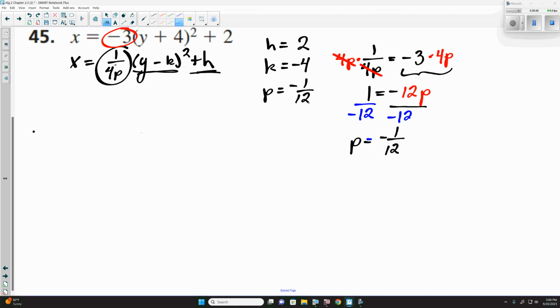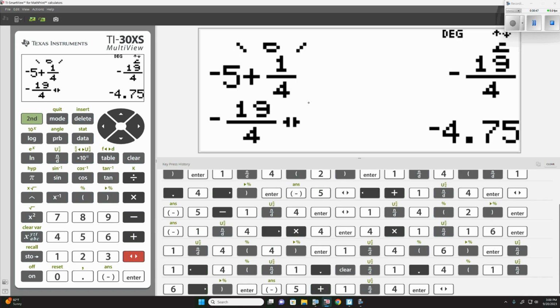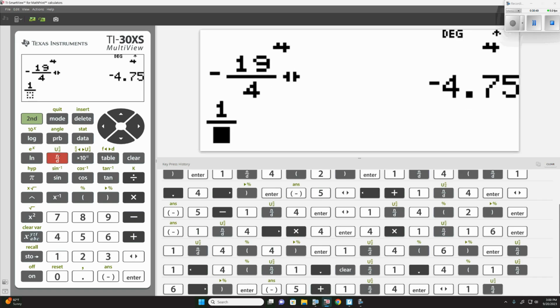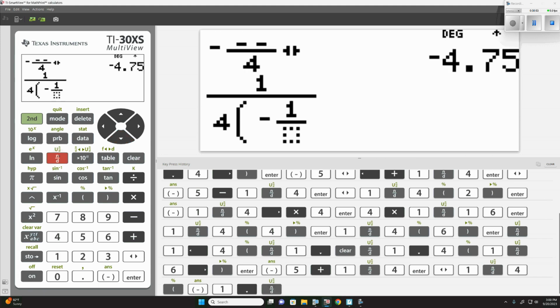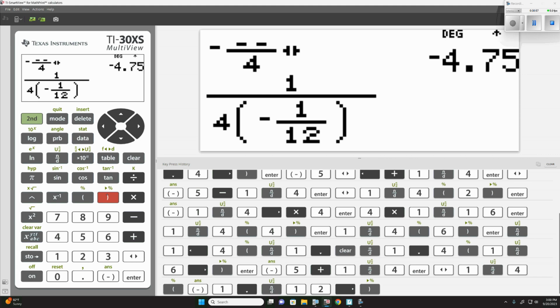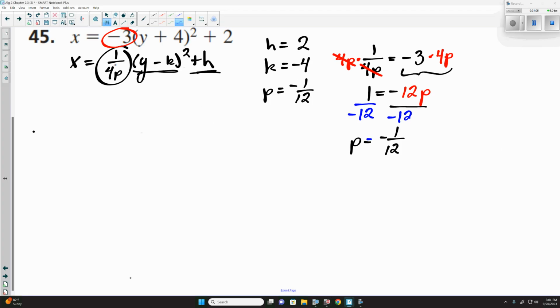Now, if we want to verify this is the correct value, we can plug it back into our 1 over 4p. So 1 over 4 times negative 1/12 is negative 3, which is the exact value that we wanted.